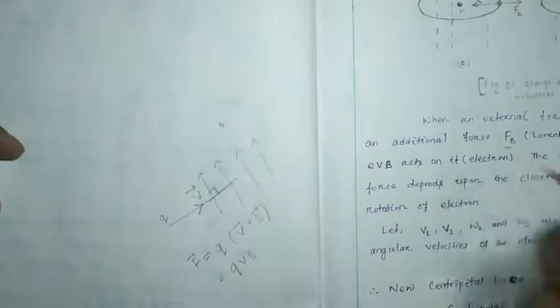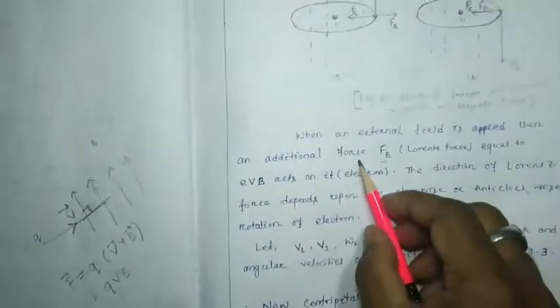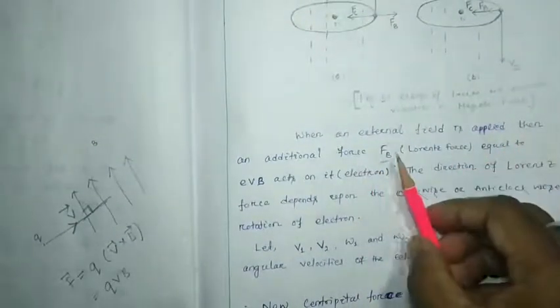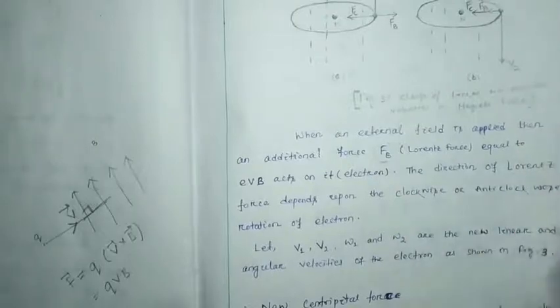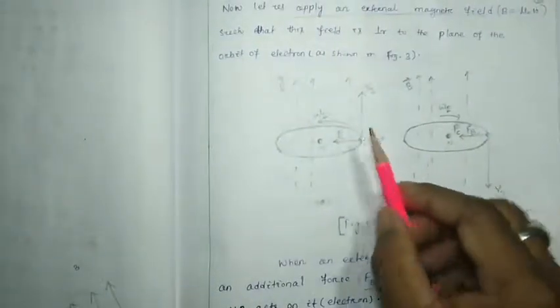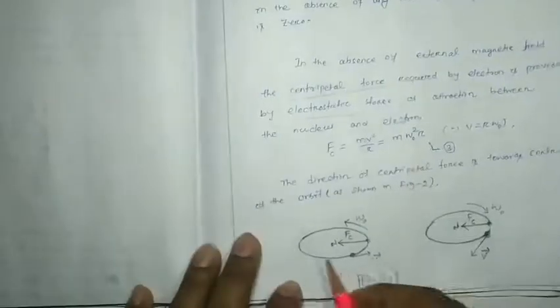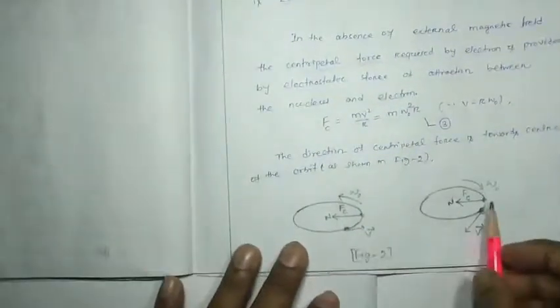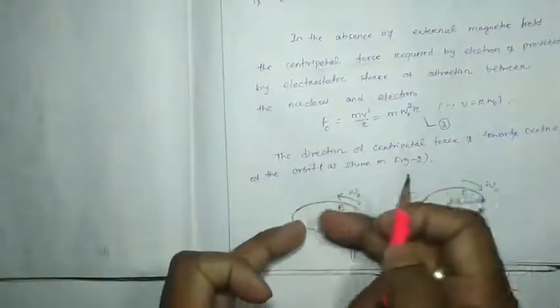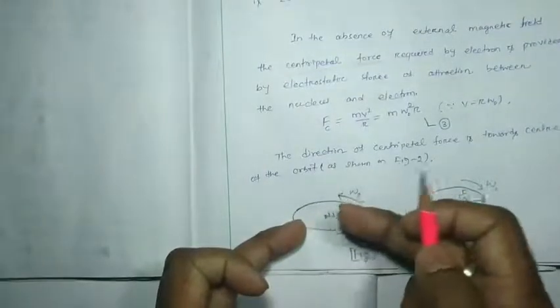So an extra magnetic force is induced on the electron when we apply the magnetic field. Initially it was not there; initially we only had the centripetal force due to the electrostatic force of attraction between the nucleus and the electron.